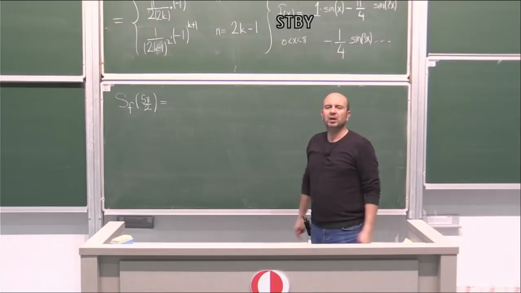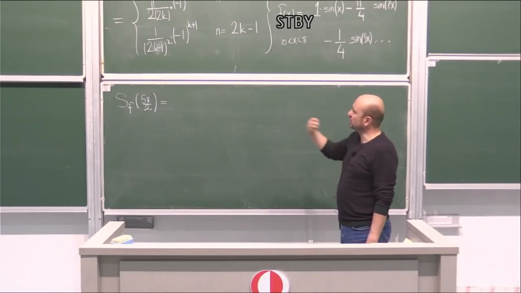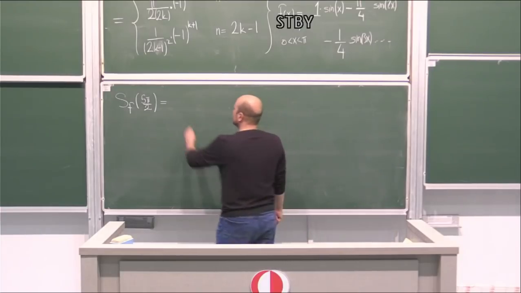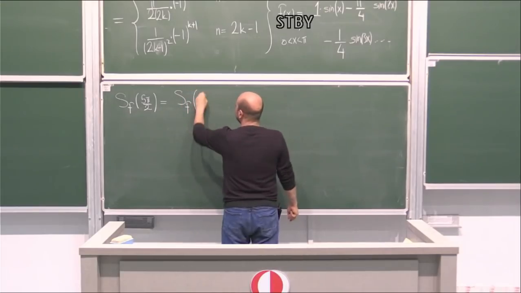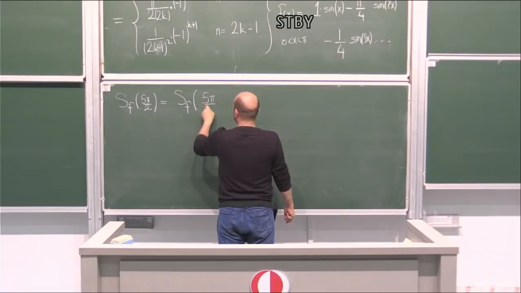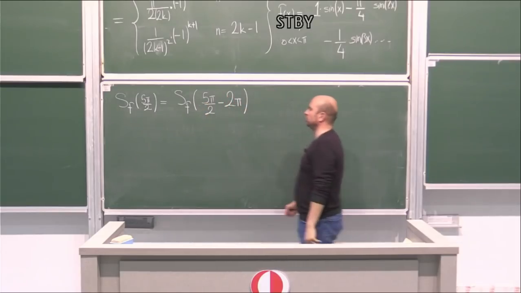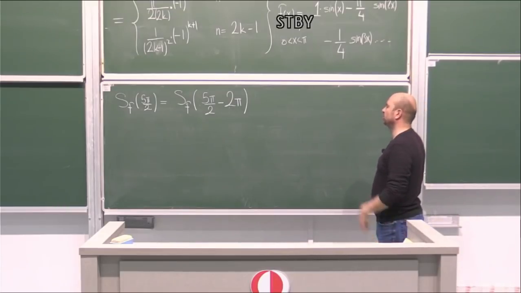Because it's a periodic function, if you just subtract multiples of the period, nothing changes. So if I subtract 2 pi, it won't change, because my period is 2 pi.